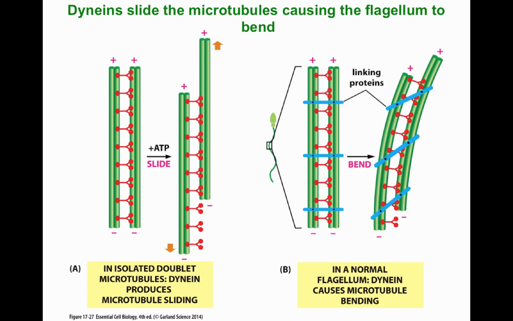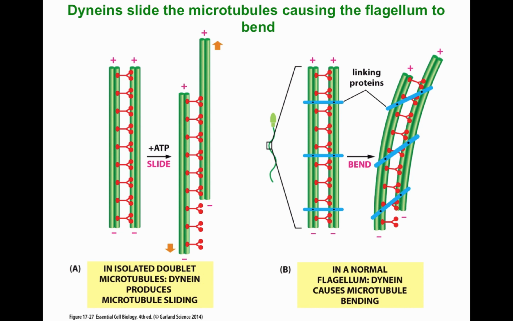When the microtubules in the axoneme are bound together by nexin, you only have a certain amount of give when the dynein molecule begins to exercise its strength to move the microtubule. So what that results in is the bending of the two different microtubules instead of the sliding of the microtubules away from one another.